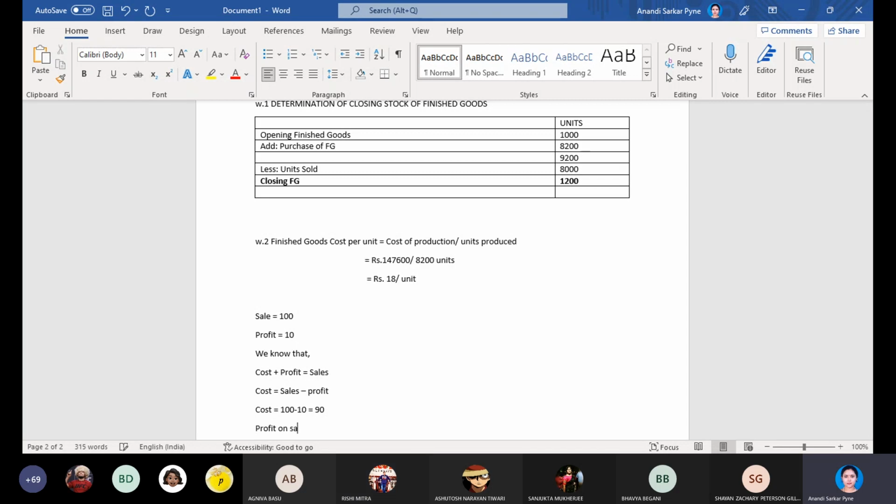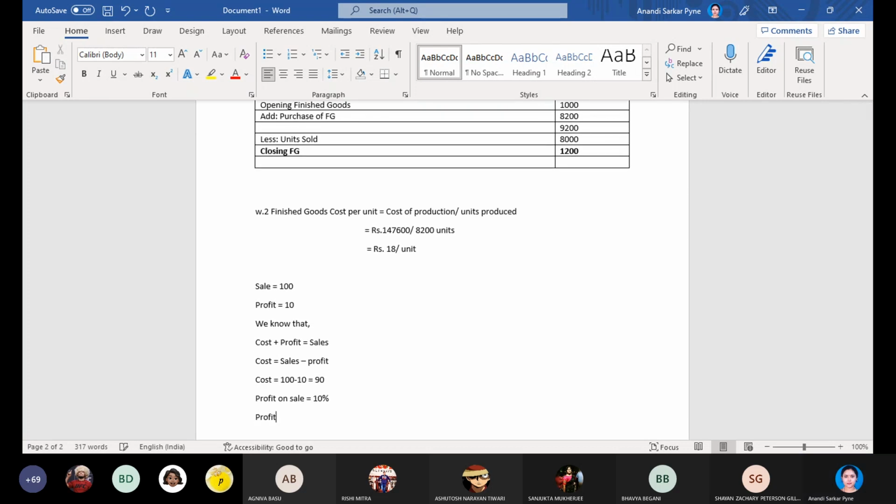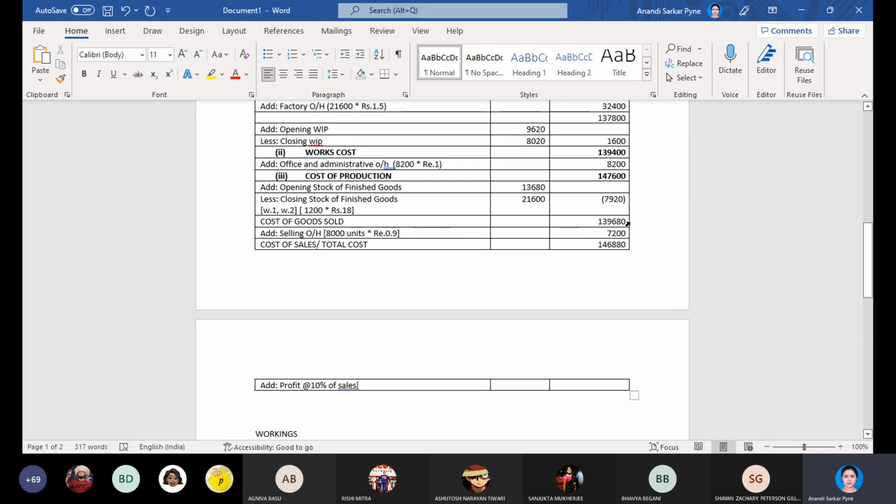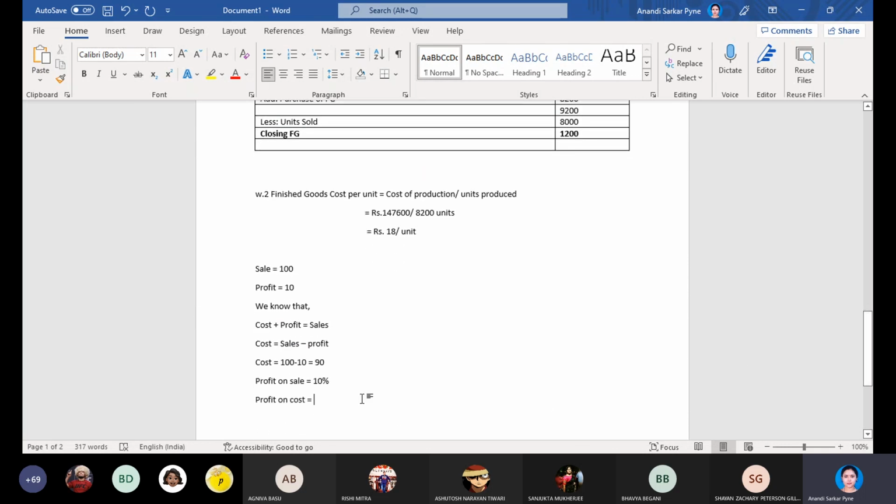Profit on sale is 10%. Then profit on cost we can say is, so this amount, that is your cost, which is 1,46,880, is equal to 90%. If we need to find profit, which is 10%, it is 1,46,880 divided by 90 multiplied by 10.